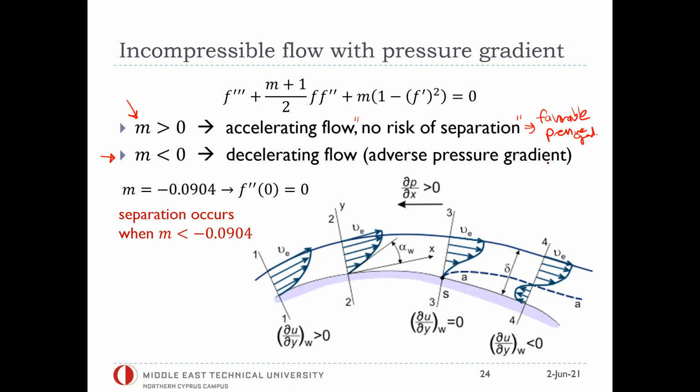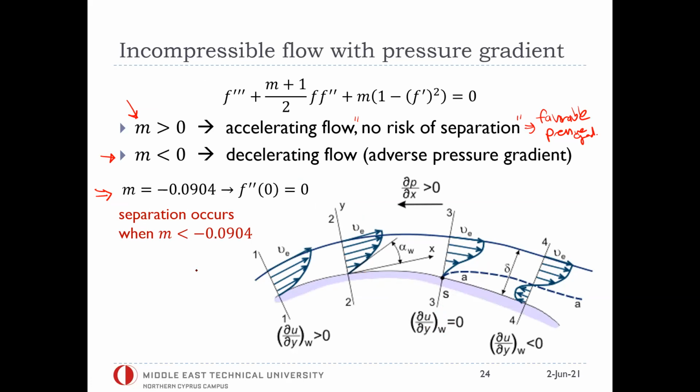Generally, the solutions can be obtained in this manner. For a specific value of m, equal to minus 0.0904, f double prime, which is related to the shear stress, becomes equal to 0. If you remember from our physical discussion, when shear stress becomes 0 somewhere on the wall, that corresponds to the separation point.